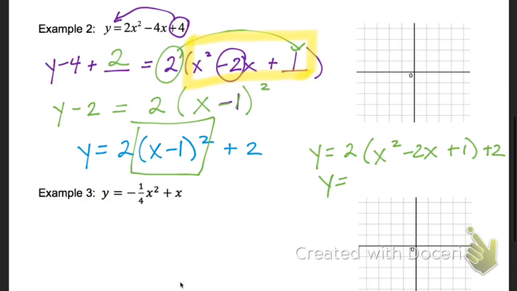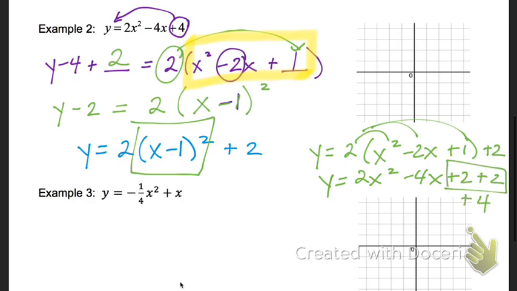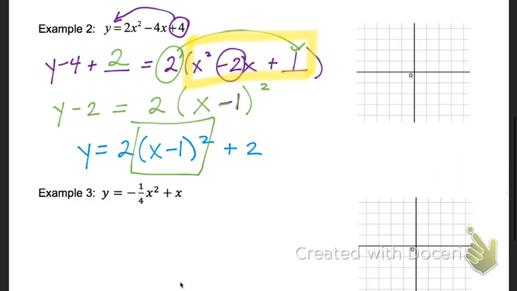I'm going to FOIL the 2: 2x squared minus 4x plus 2 plus 2. This combines to be plus 4, which is back to where I started. So if you want to make sure you got it correct, you could check your answer. I'm not saying that you need to do that, but just be sure.